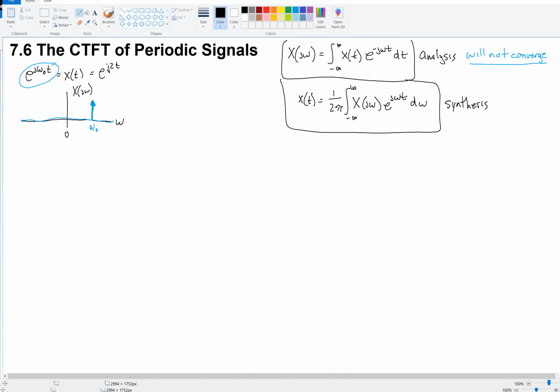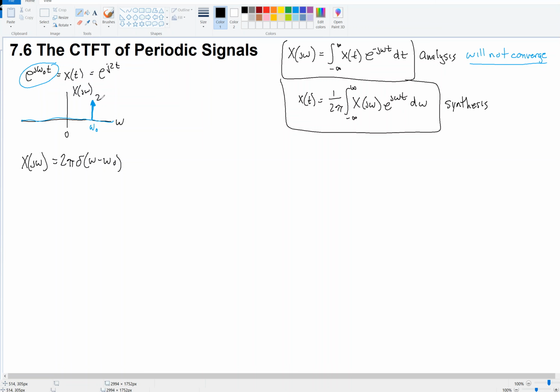Well, we're going to do it by a reverse process. Suppose that I have a Fourier transform that is given by this.